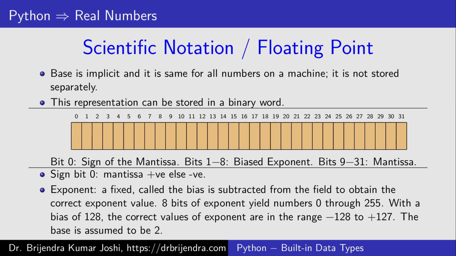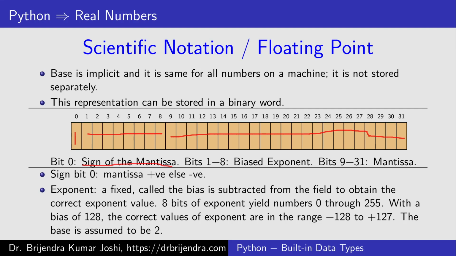So this representation can be stored in a binary word. Suppose it is a 32-bit binary word. Bit 0 in this diagram is the sign of the mantissa. Bits 1 through 8, these 8 bits, represent the biased exponent, and bits 9 through 31 represent the mantissa itself.